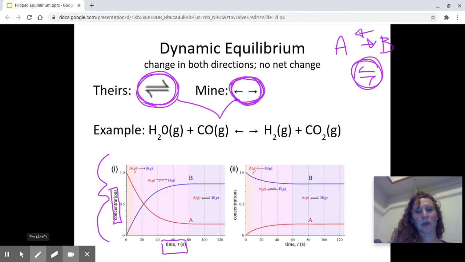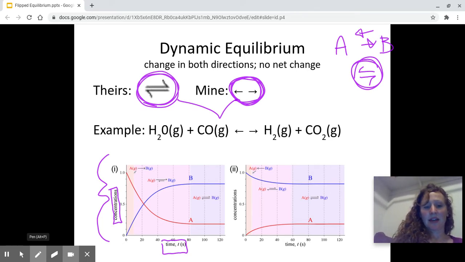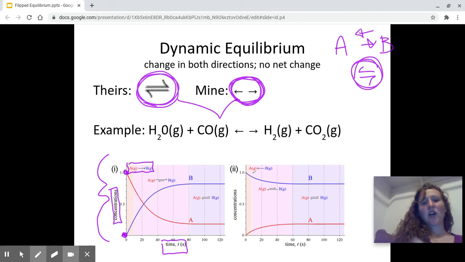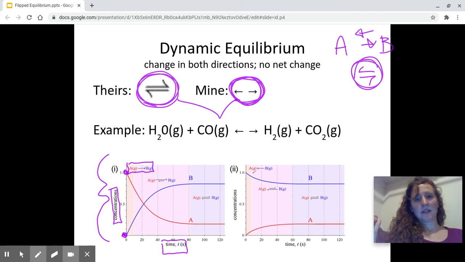You can see that in the beginning we had all reactants and no products, let's pretend 1 mole of A and 0 moles of B, so our reaction is just going to proceed forward. We have no B, so there can be no reverse reaction.